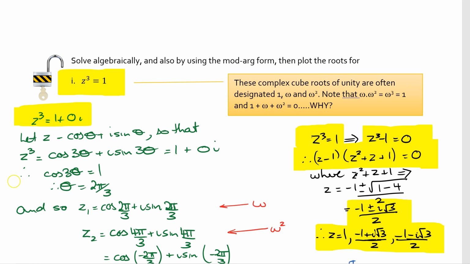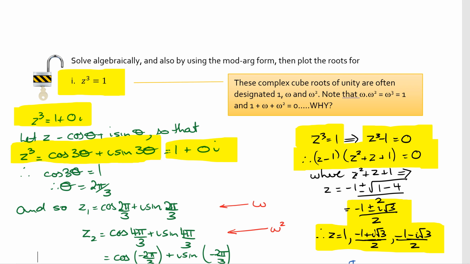By De Moivre, z cubed must equal cos 3 theta plus i sin 3 theta. Because the mod was 1, it's not that we're ignoring it, but it's always 1, so we don't bother writing it. So cos 3 theta plus i sin 3 theta equals 1 plus 0i. Now we could work with either part, but we generally work with the real part.